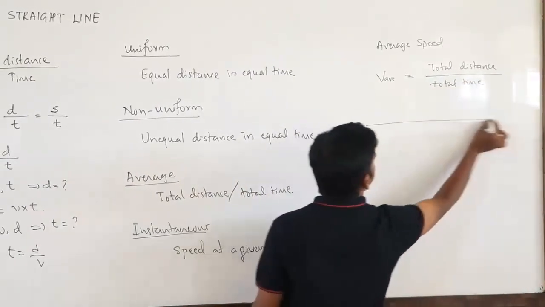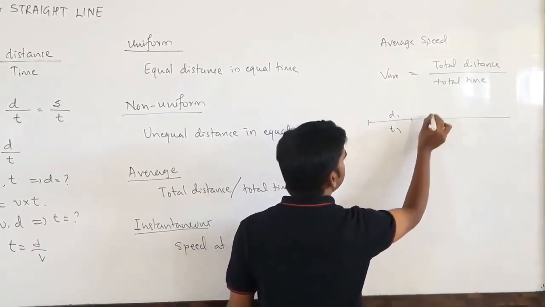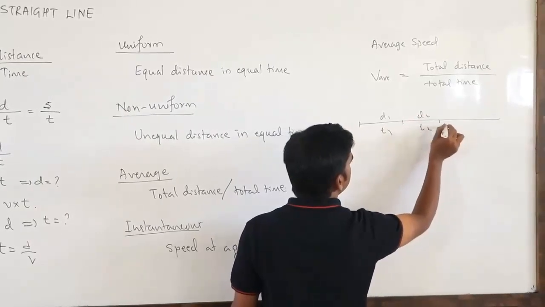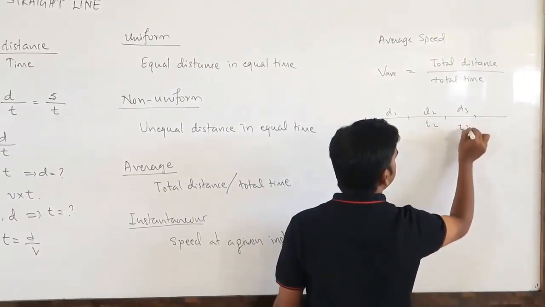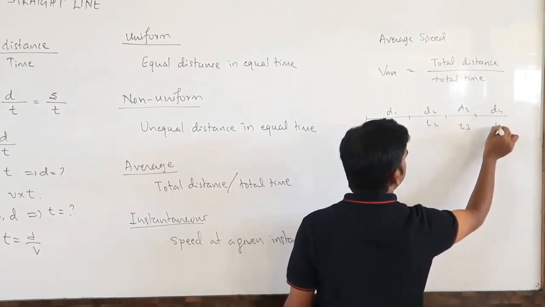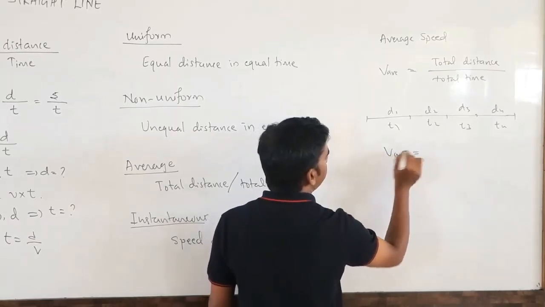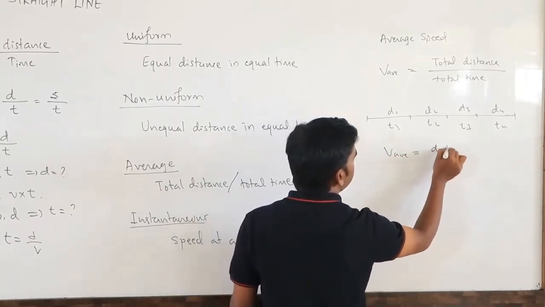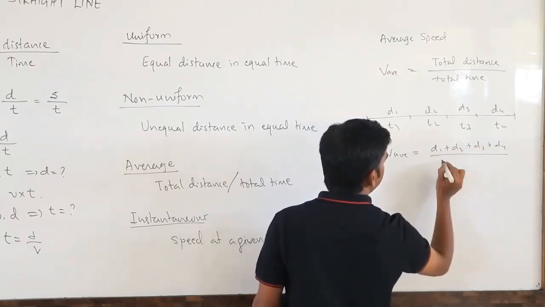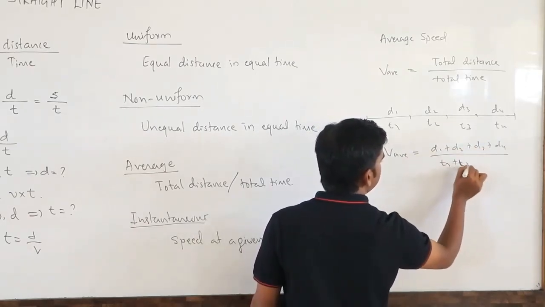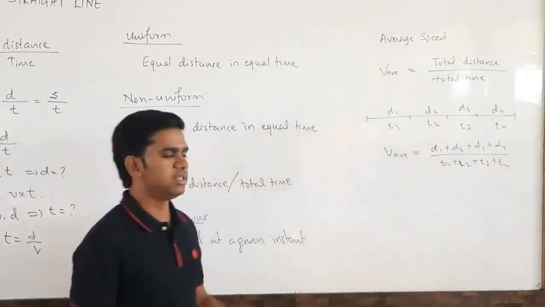Suppose a vehicle travels d1 distance in t1, d2 in t2, d3 in t3, d4 in t4. So we can write v average equals d1 plus d2 plus d3 plus d4 divided by t1 plus t2 plus t3 plus t4. We discussed this in the last class.